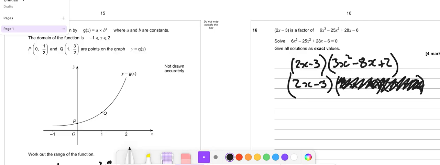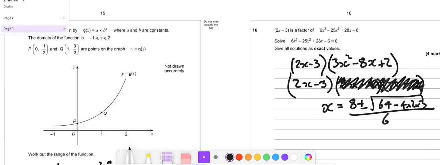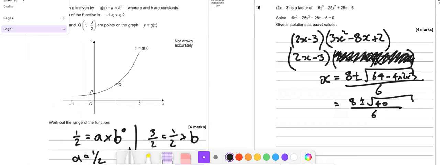So that means that x has got to equal minus b, which is 8, plus or minus the square root of b squared, which is 64, minus 4 times a times c, all over 2a, which is 6. So we've got 8 plus or minus the square root, 64, 12 times 2 is 24, it's 40, square root of 40, over 6.